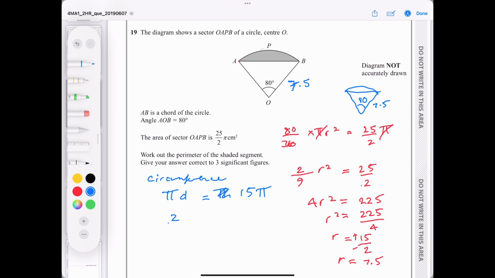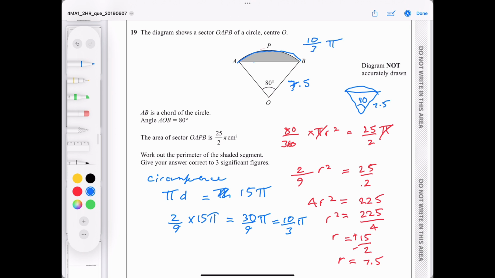So 2 over 9 times 15 pi equals 30 over 9 pi. You can divide by 3, so that's 10 over 3 pi. So this bit here, APB, is 10 over 3 pi.